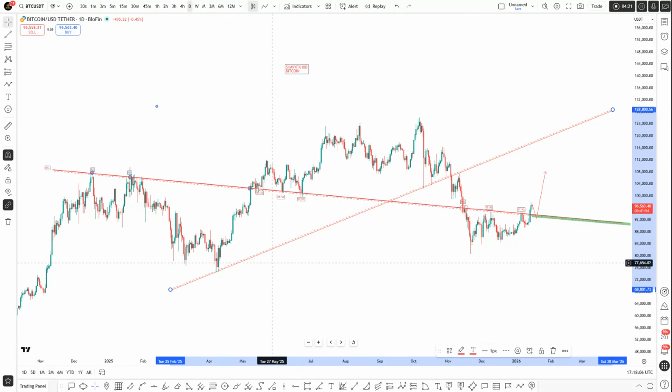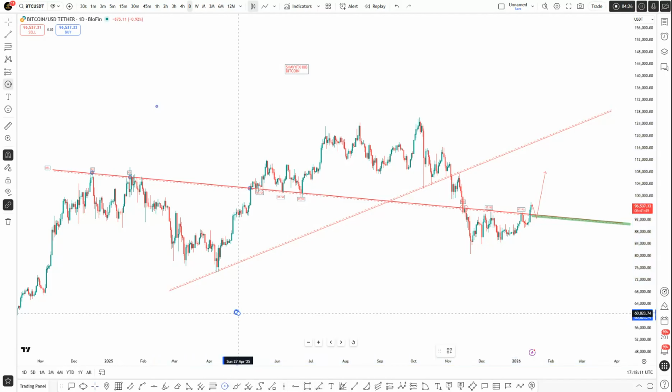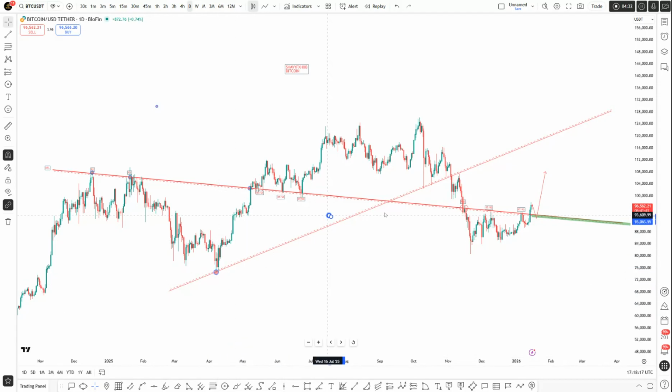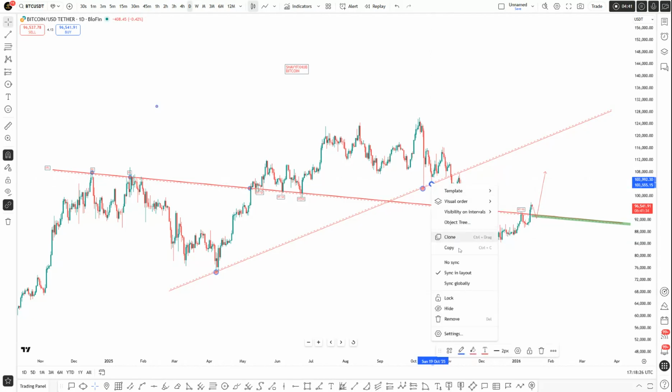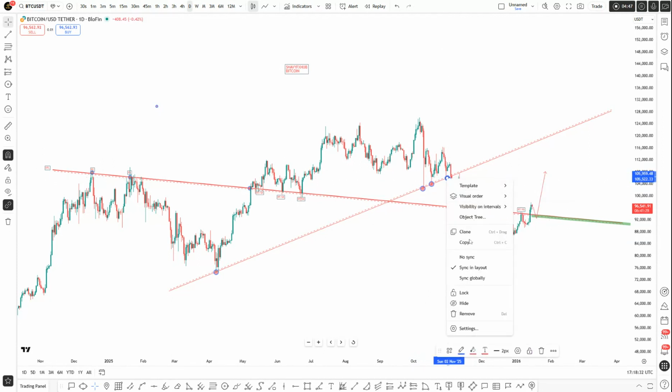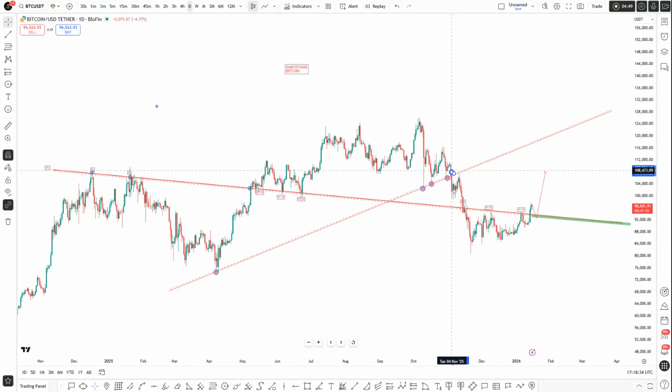So to put what I've done into context, I also want to let you know that we have here support become resistance 1, support become resistance 2, support become resistance 3, support become resistance 4, break of structure followed by a retest, break of an ascending trend line officially on the daily time frame followed by a retest.